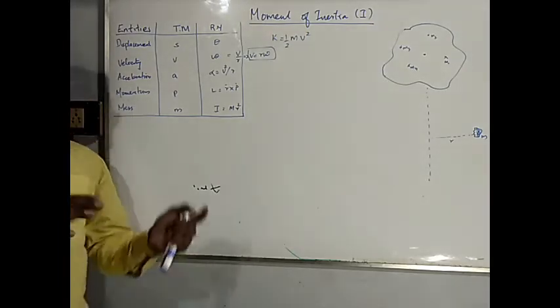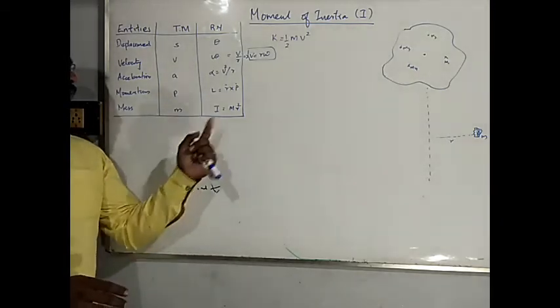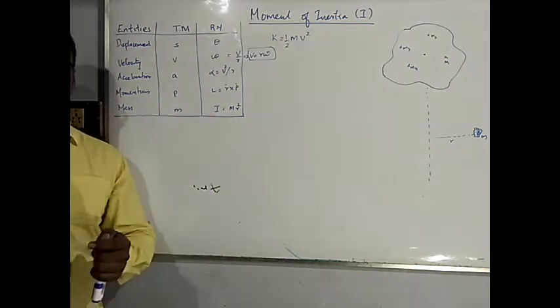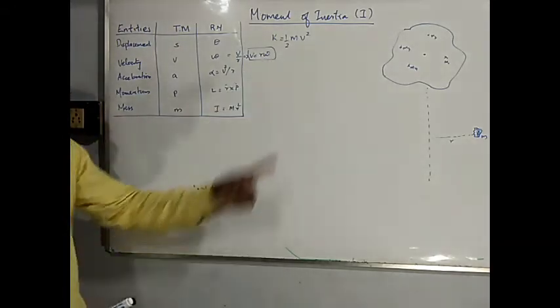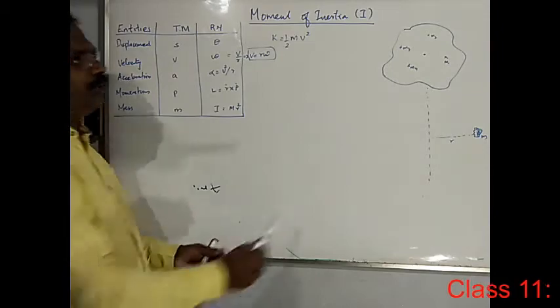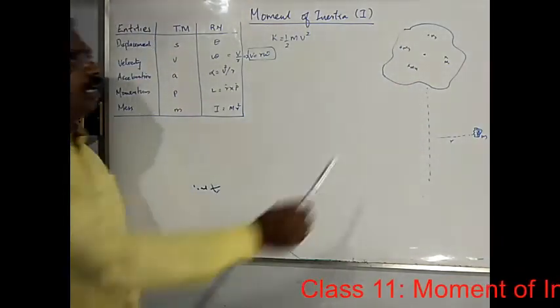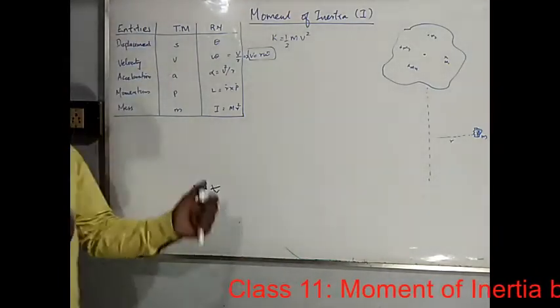But there is some difference between these two, because it is defined as mr square, that is mass into distance squared. Consider this type of object, where the different points denote different masses, at distances r1, r2, r3, etc.